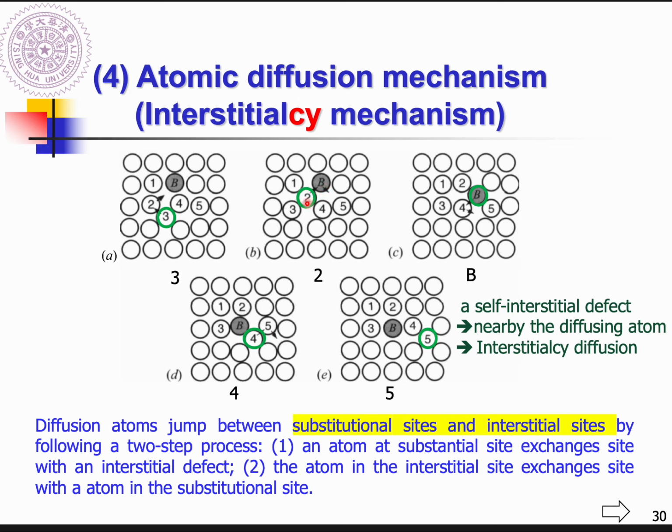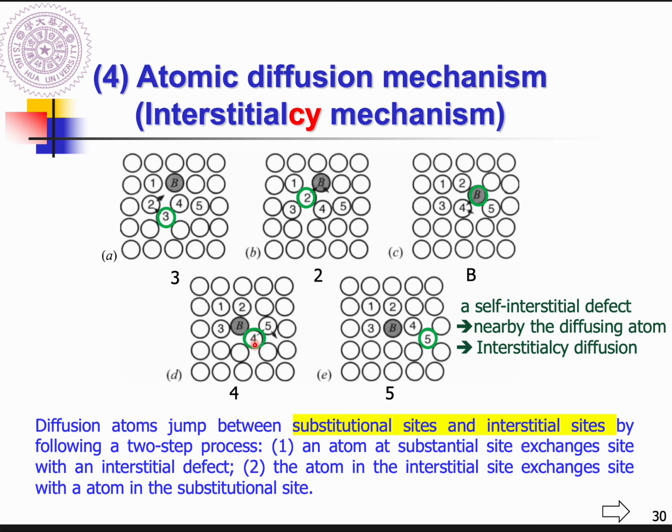So the number 2 atom jumps from the interstitial site to the substitutional site, while diffusing atom B moves from the substitutional site to the interstitial site. The next step, diffusing atom B pushes the number 4 atom, so diffusing atom B jumps from the interstitial site to the substitutional site, then the number 4 atom jumps from the substitutional site to the interstitial site.